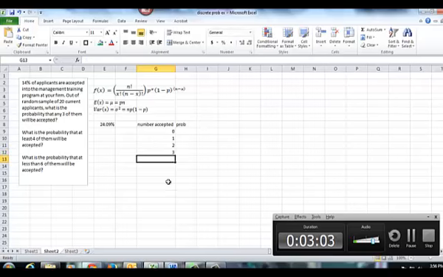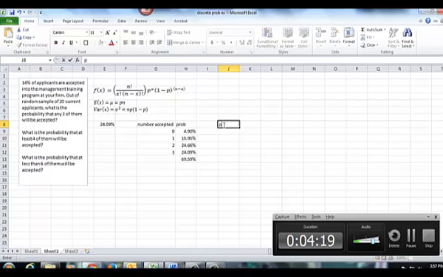Then I'm going to subtract 1 minus this probability, because these give me the probabilities that less than 4 were accepted. So the probability that at least 4 were accepted is equal to 1 minus the sum of these probabilities.